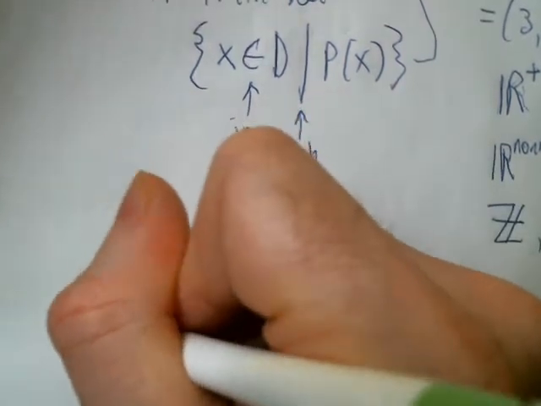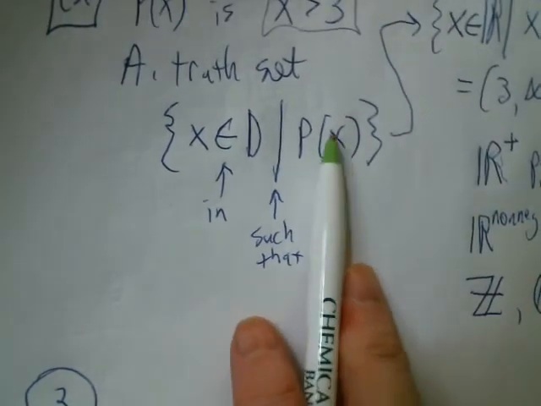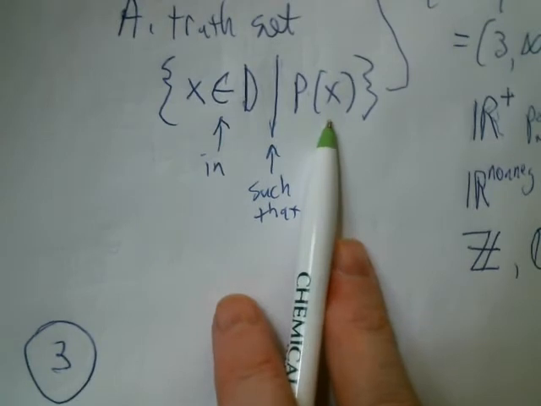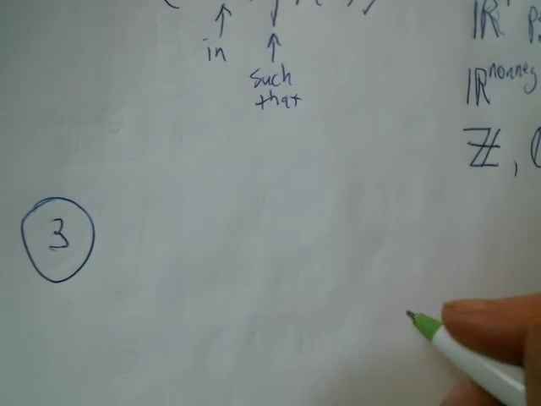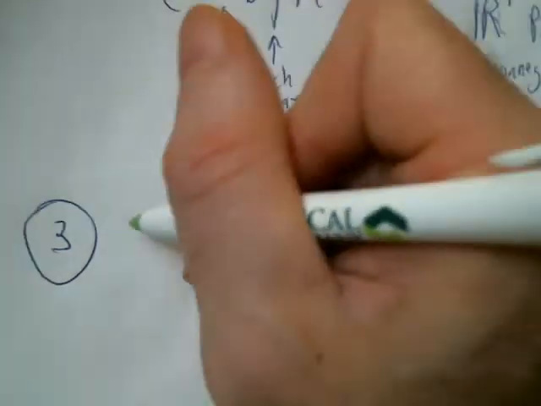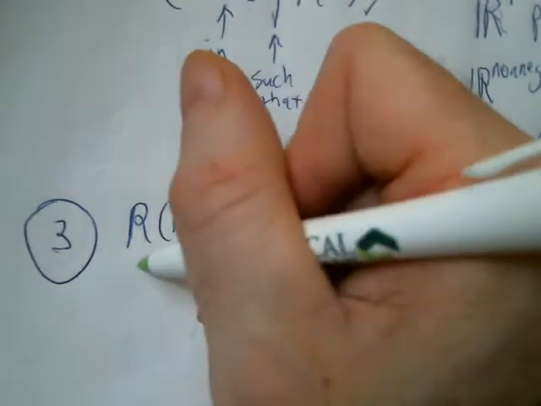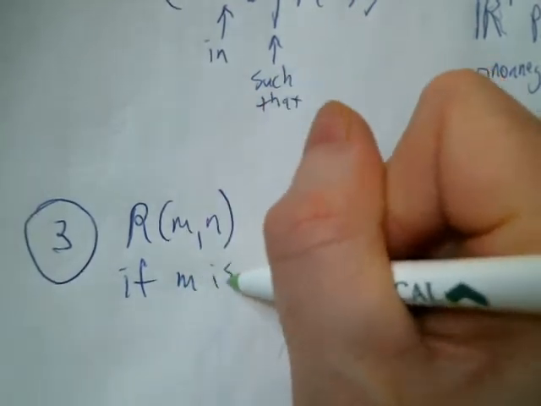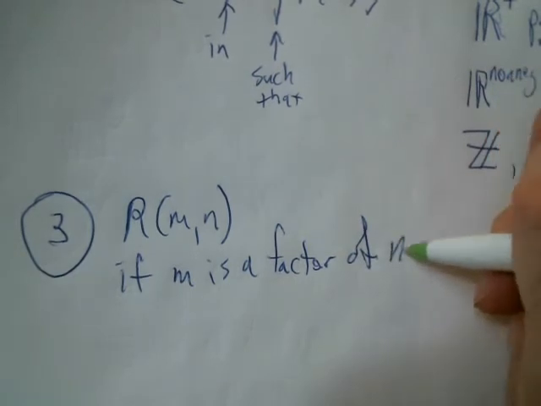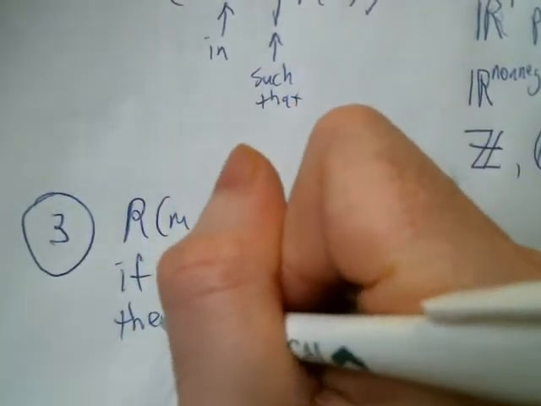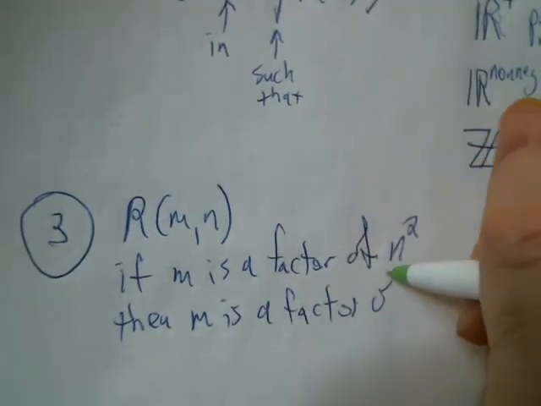This is number 3. The weird thing about number 3 is we have a predicate that's multivariable. You can have more variables in here than just one, right? So number 3 is going to be this. The predicate is given by R of M comma N, and it means if M is a factor of n squared, then M is a factor of n.